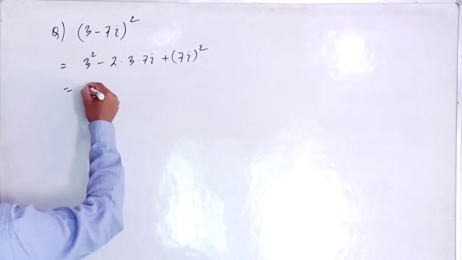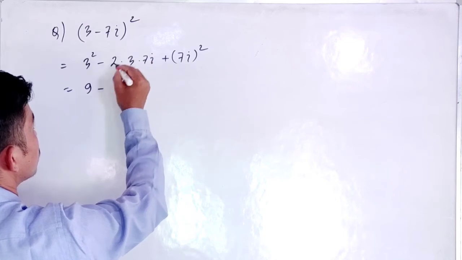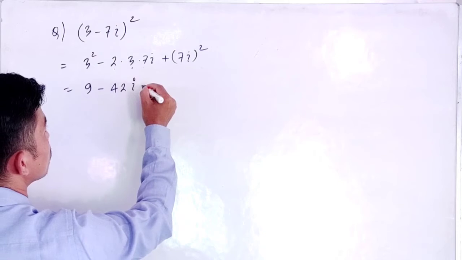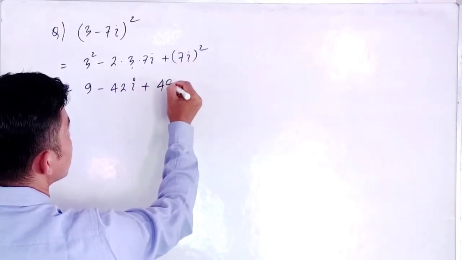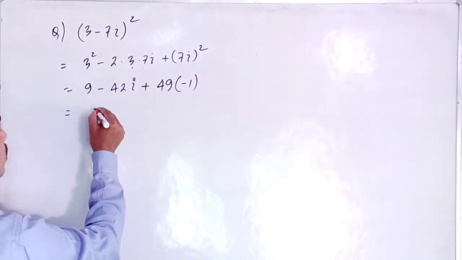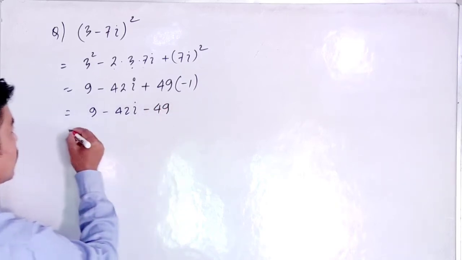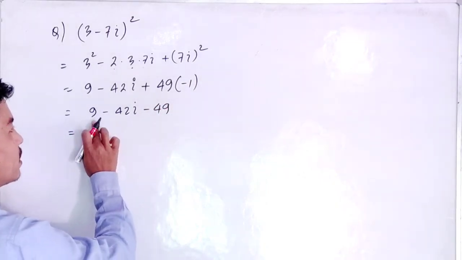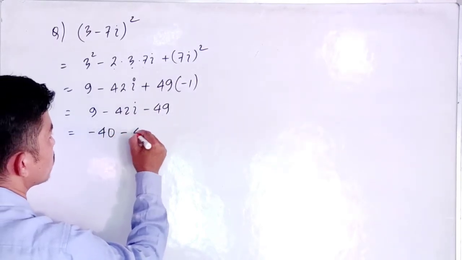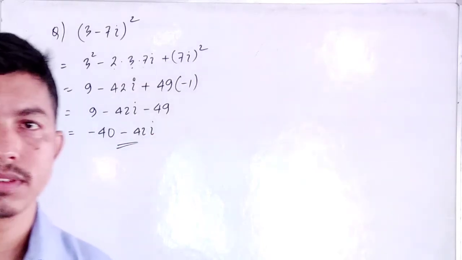So this will be 9 minus 42i, since 2 threes are 6 and 6 sevens are 42, plus 7 square is 49 and i square is minus 1. So this will be 9 minus 42i minus 49. Here I have 9 and there I have minus 49, so it will give me simply minus 40 minus 42i. That is how I simplify the given expressions.